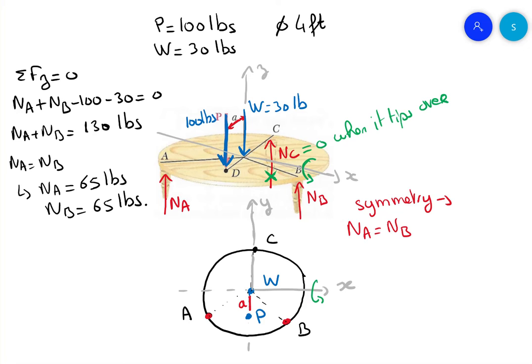A is the perpendicular distance between P and the axis x, but we need those two purple distances. Let's call this distance D and D. That's where we need the diameter, which is 4 feet, so the radius is 2 feet.